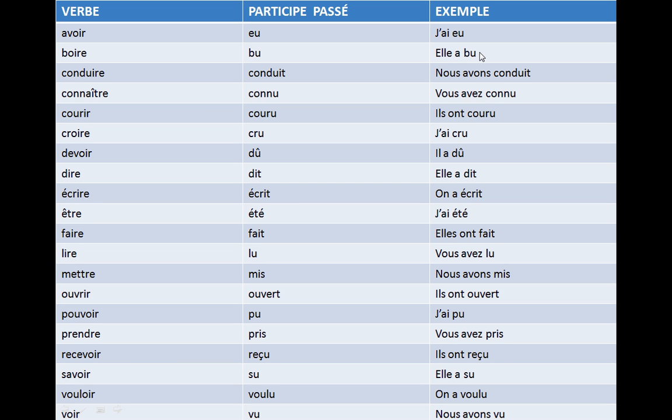She drank, or she has drunk, basically. That's how you form the passé composé with the verb avoir, and these ones are the irregular ones, and you only have to memorize them. But like I said, the more you use them, the more it will come natural to you to use them, and you will know which ones are the irregular ones.